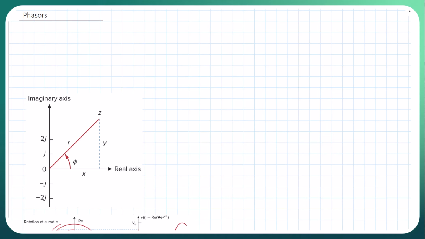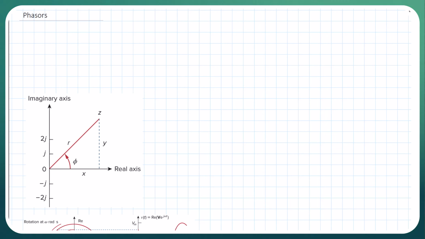Let's introduce the concept of a phasor, and this is going to be a powerful method to represent sinusoids. A phasor is a complex number that's going to represent both the amplitude and the phase of the sinusoid as we defined previously. So let me go ahead and write this down, and now you'll see why we need to talk about complex numbers.